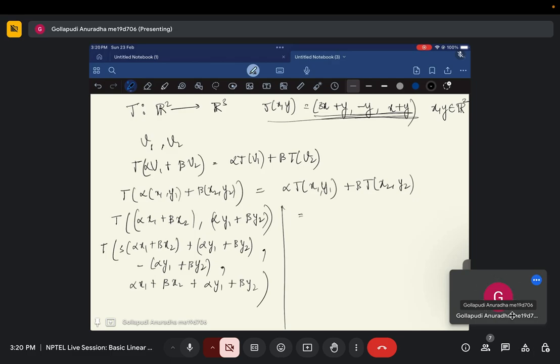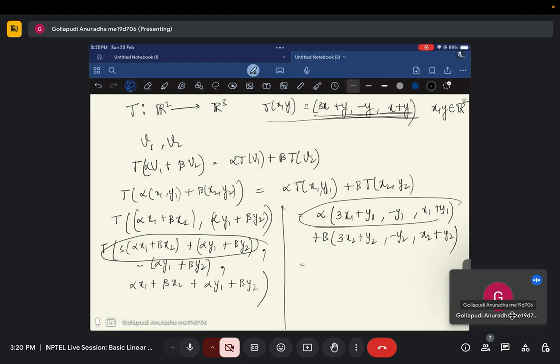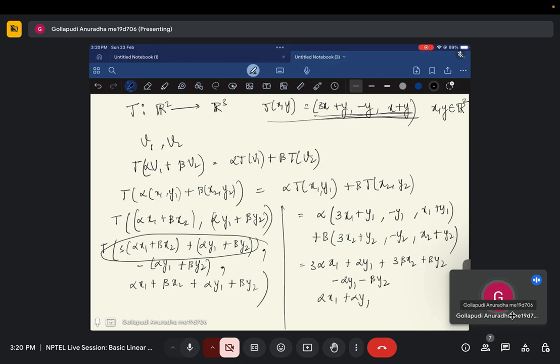So here it will be, okay. So if you expand this, then if you compare this with this. Here's a simple expansion.